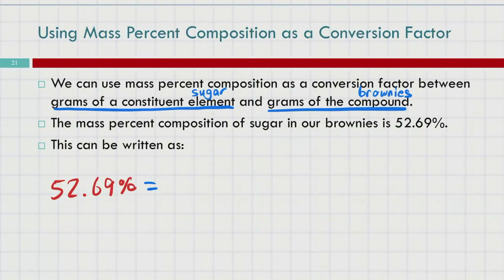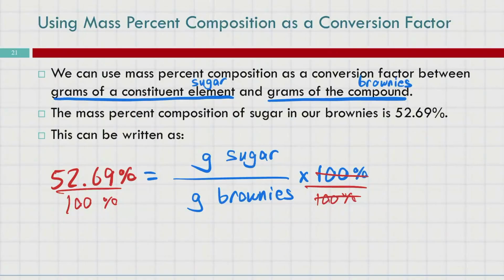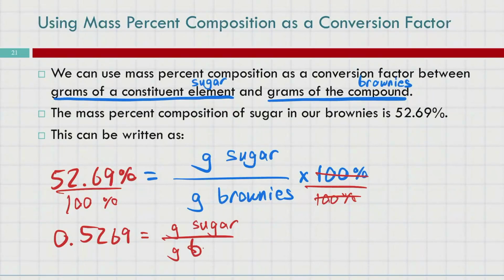Great. So we've got our formula. We're going to have grams, in this case of sugar, on the top over grams of brownies times 100%. If we move the percent over, that will transform this into 0.5269 as our ratio of grams sugar to grams brownies.